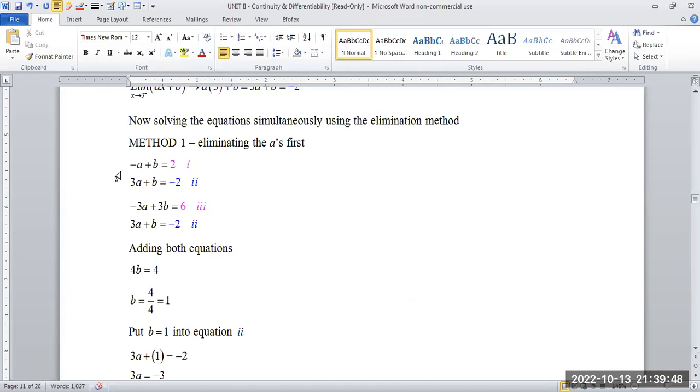So 3 times -a is -3a, 3 times b gives me 3b, and 3 times 2 gives me 6.